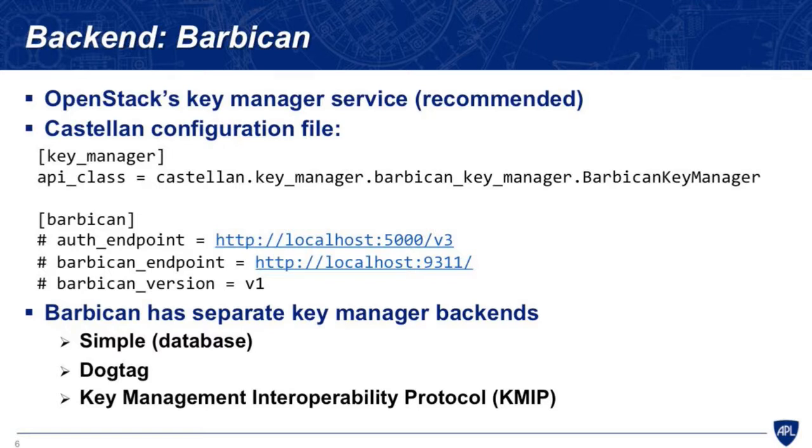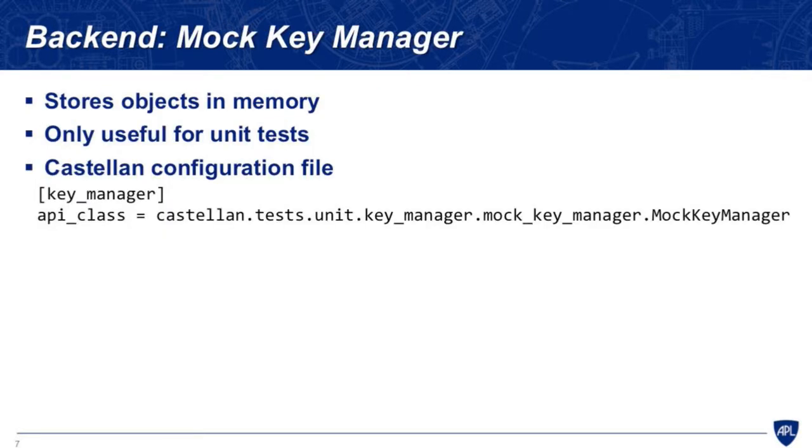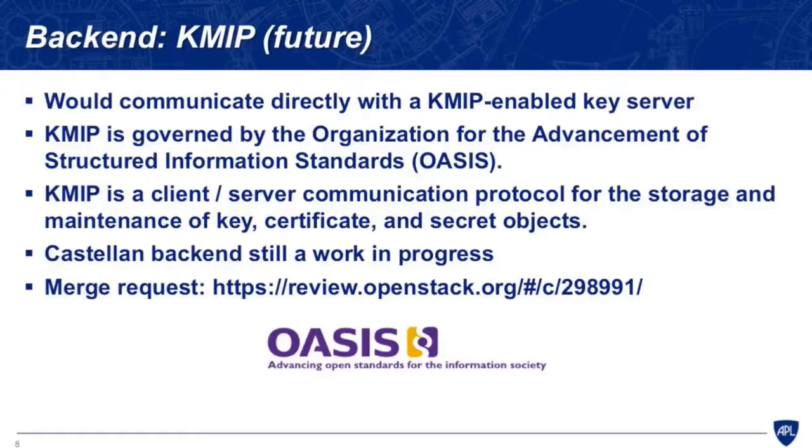And so these will use hardware servers as a backend for storing the keys. As I mentioned before, for the boilerplate code, many of the services implemented mock key managers to make unit testing more easy when you're testing the encryption features. And so Castellan includes a mock key manager backend.